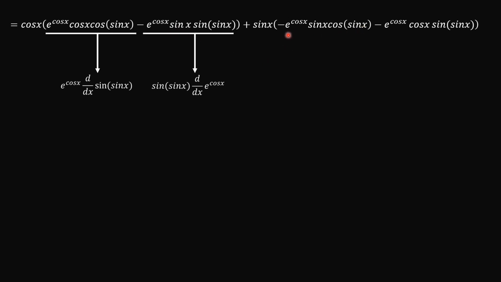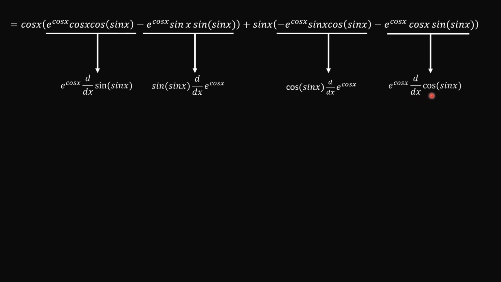And then when we look at this term here, this is also the same as cosine of sine x times the derivative of e to the power cosine x. And the last term there is the same as e to the power cosine x times the derivative of cosine of sine x. So looking at these two terms, we can see that they are the same as the derivative, using the product rule, of cosine of sine x times sine x.